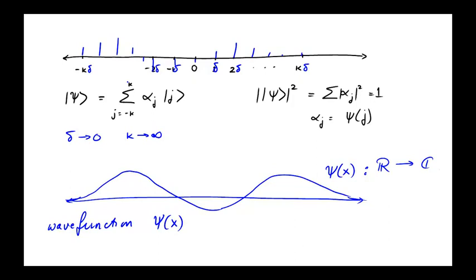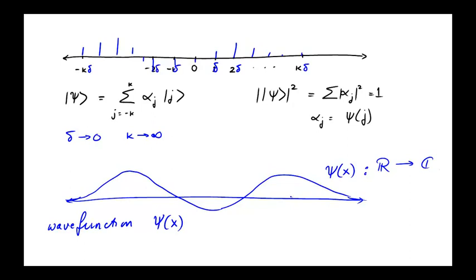It's actually an infinite dimensional vector, right? So for every point x, you have a complex amplitude. So we have an infinite dimensional vector space, a Hilbert space, where each of these points x corresponds to an orthogonal direction in this Hilbert space.